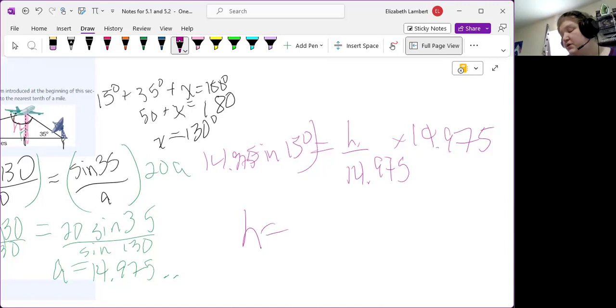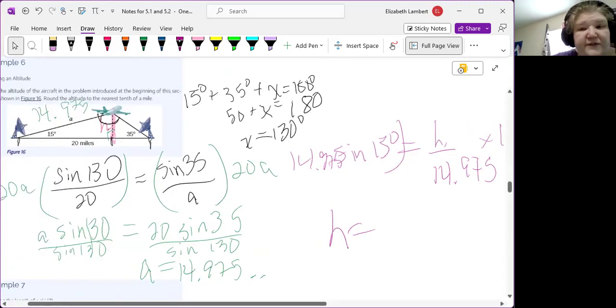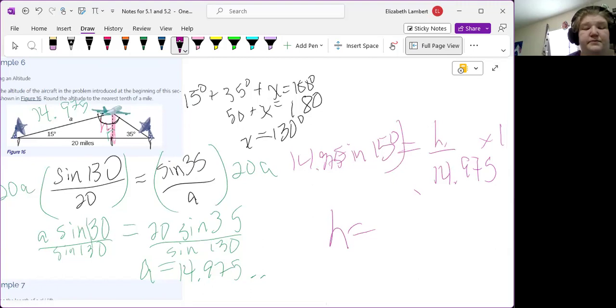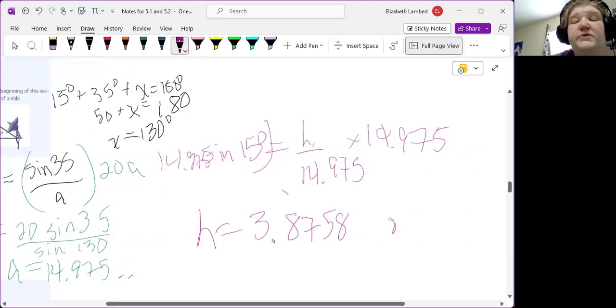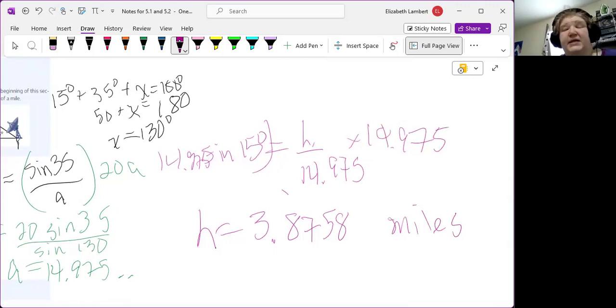So there is our H. The number we just got times the sine of 15, even though that looks like a 3. 3.8758 miles. So that is the altitude of the plane.